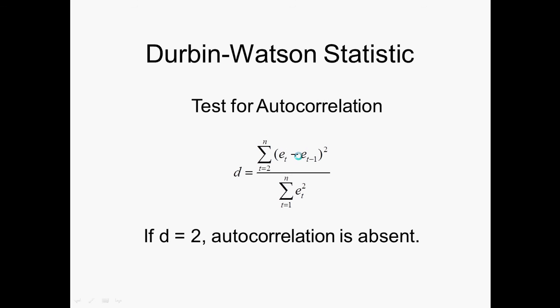So then you actually get the error term is larger, and so when you square this, that error term gains a lot of extra weight. And if you have quite a bit of that, you end up with d equals 2.